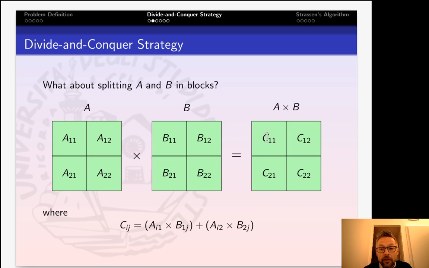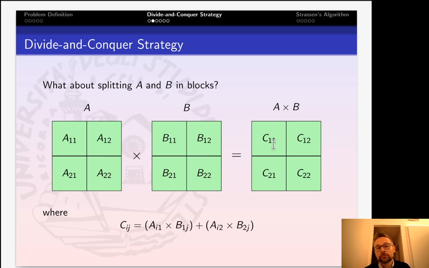For instance, the block C11 can be computed as A11 multiplied by B11 plus, where this plus is the element-wise sum between matrices, A12 multiplied by B21. This is enough to compute this block of the final matrix. So this is a strategy.